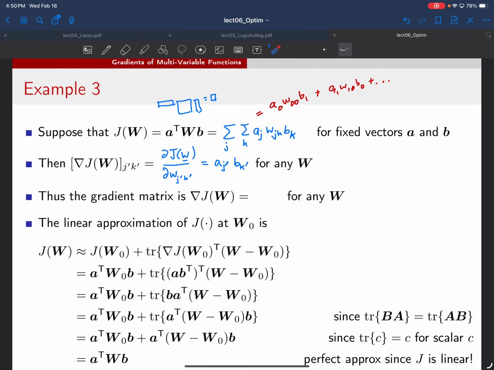Would it just be the A transpose B? Close. If you think about A transpose B, given that A and B are both columns, that would be a scalar, right? But this is actually a matrix.